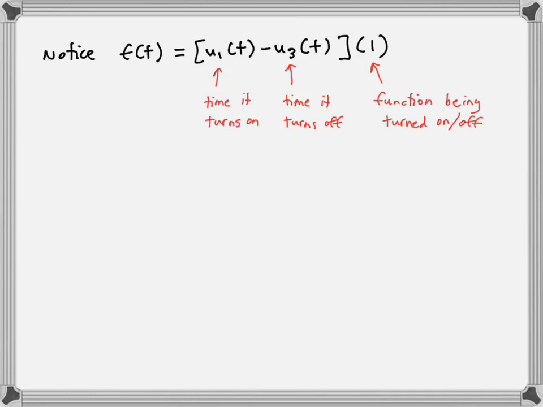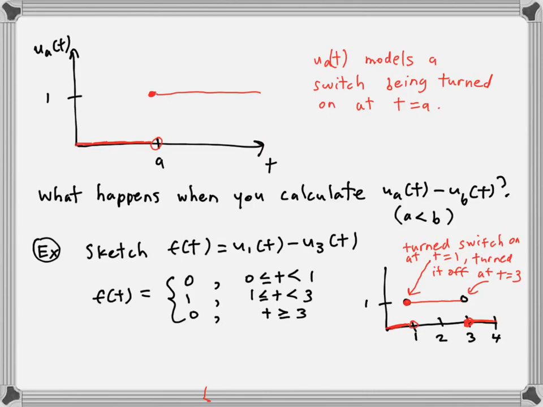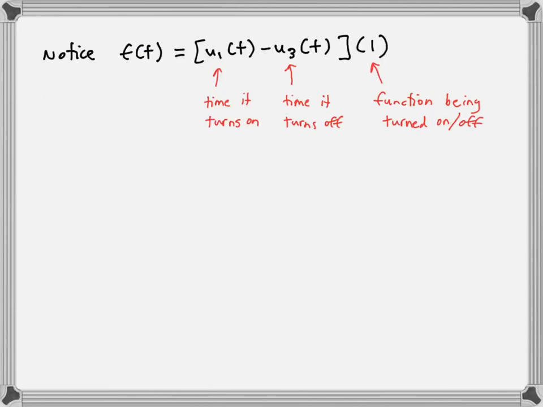Okay, now in this example it was quite easy because we were just turning the function 1 on and off, right? Because there was nothing written there. In our original example, you could see that there was nothing here, so it's like there was a 1 there being multiplied. So I'm hoping that you guys can see what's going on here.